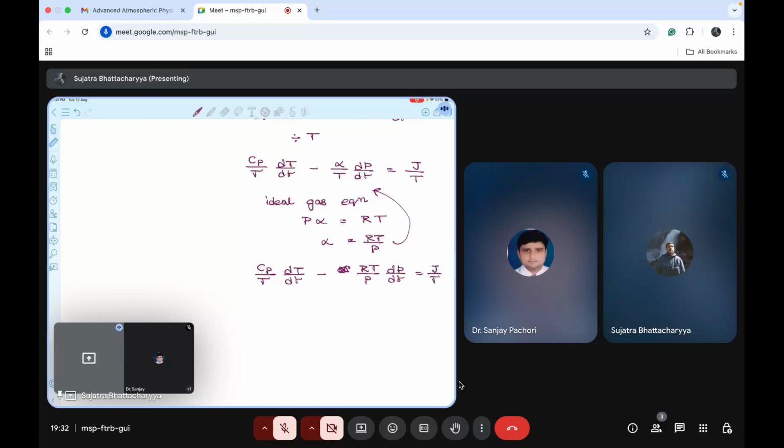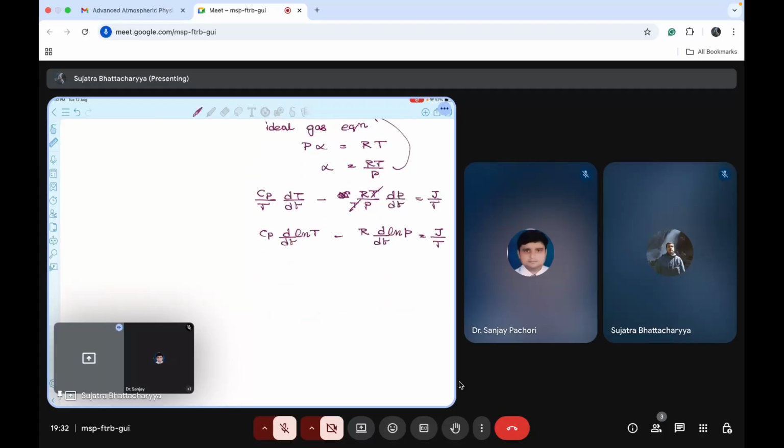And finally, can we write this as Cp d/dt of log T? Because if you differentiate log T, it will be 1 by T dT by dt. So we can write that, and this T and T cancel, minus R d/dt of log p, which is equal to J by T.